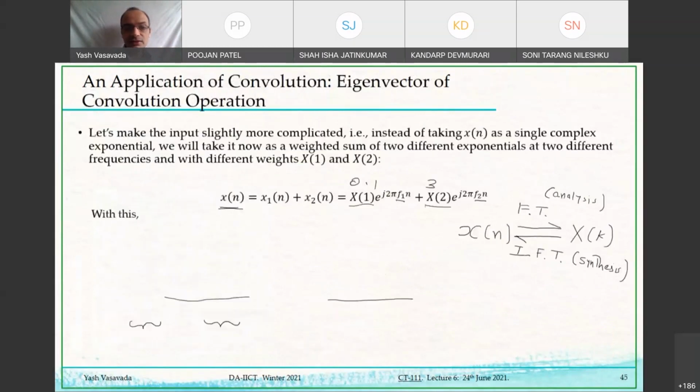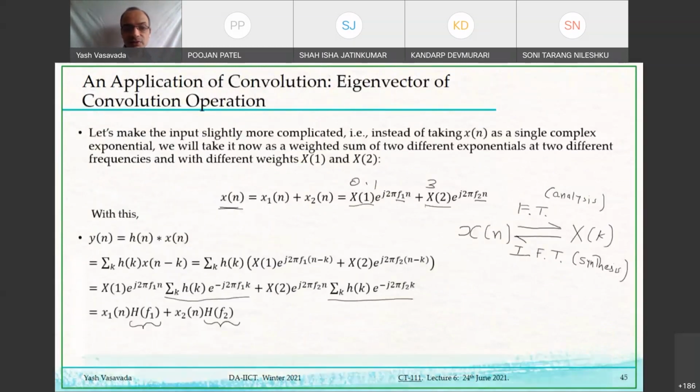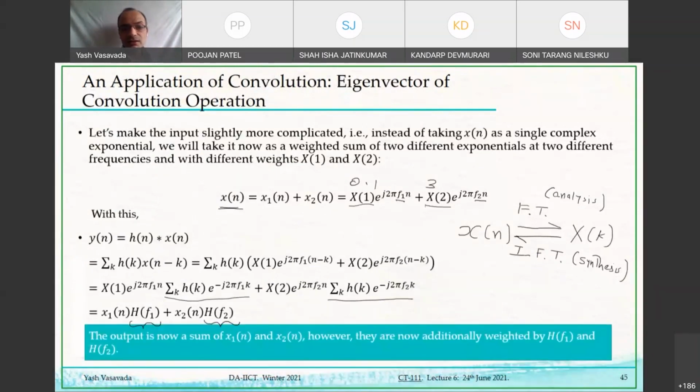Turns out that on this slide, the convolution operation implicitly did that analysis for us, and it very appropriately multiplied x1, which is oscillating at frequency f1. It dutifully multiplied the Fourier transformation of h at f1 with x1.